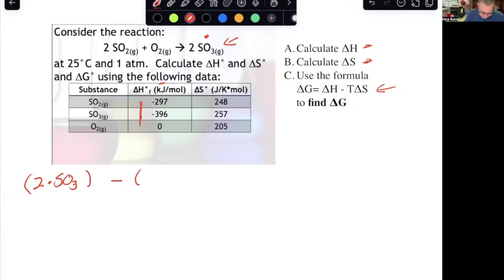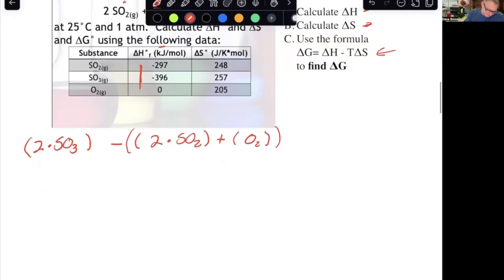And that would be 2 times SO2 plus O2. And remember, this is the complete final minus the complete initial, so I'm going to put parentheses around all of it.